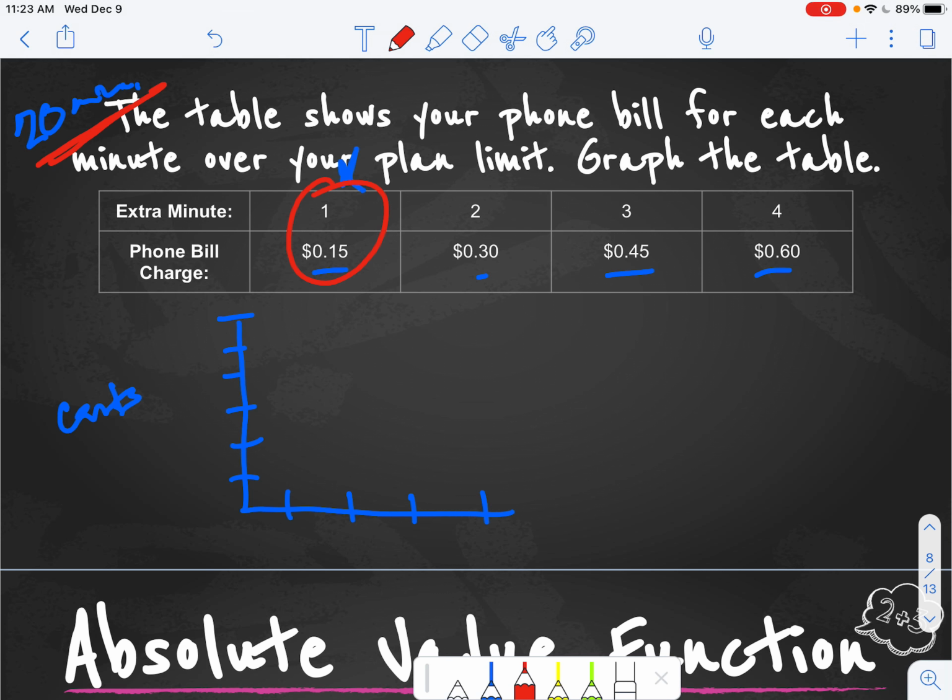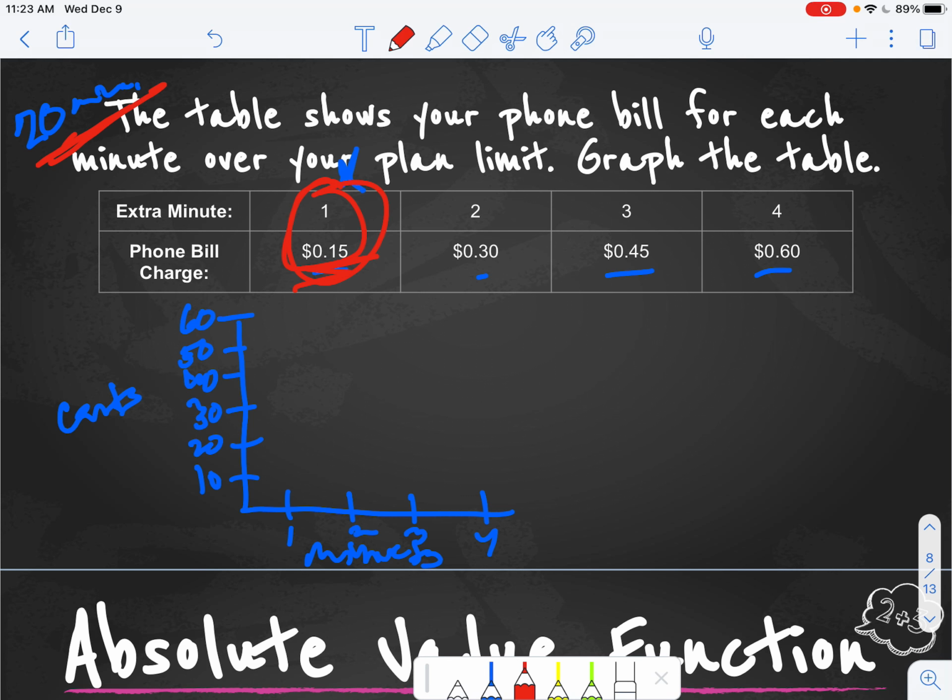Well, with this phone bill, if you go 25 seconds over, you're still under a minute, which would mean that you pay 15 cents extra. So if we looked, I guess I should do a little more labeling. Minutes 1, 2, 3, and 4, and this is 10 cents, 20, 30, 40, 50, and 60.